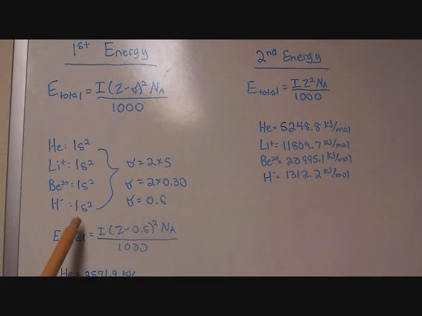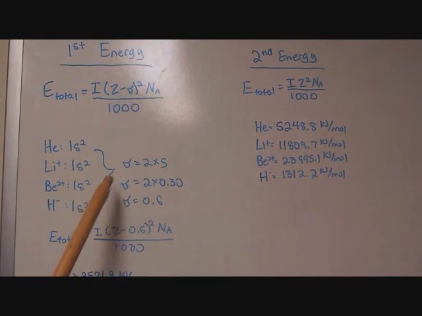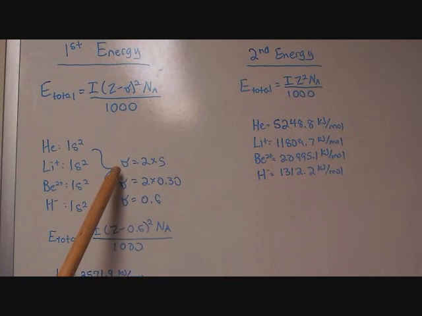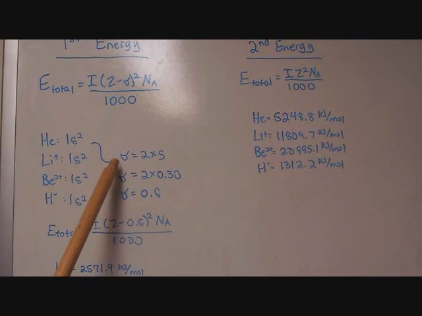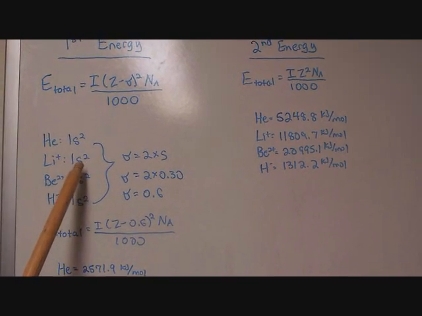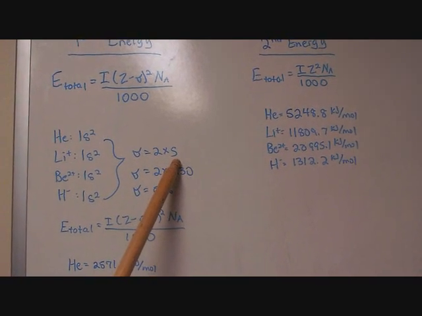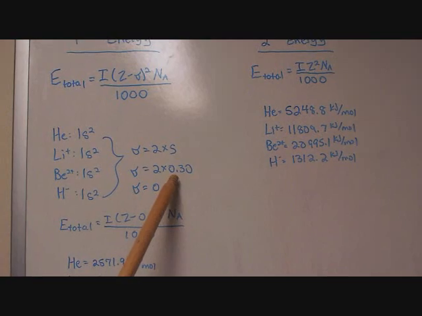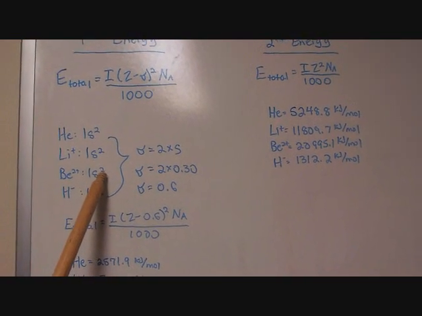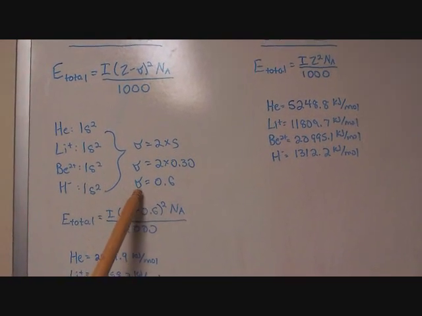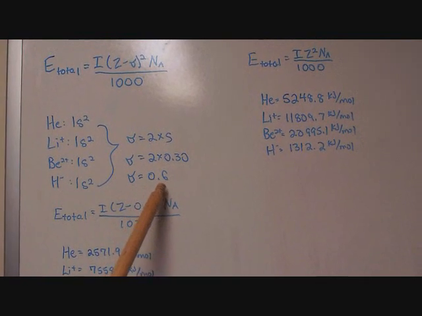And as you can see, they are all 1s2. Now the shielding constant is the sum of the electrons in their respective orbitals. So for a 1s orbital, the value of 1s is 0.3. Since we have two 1s orbital electrons, the shielding constant equals 0.6.